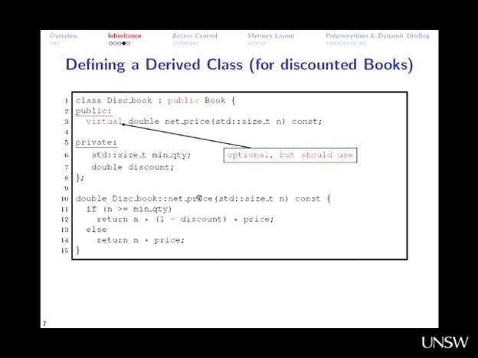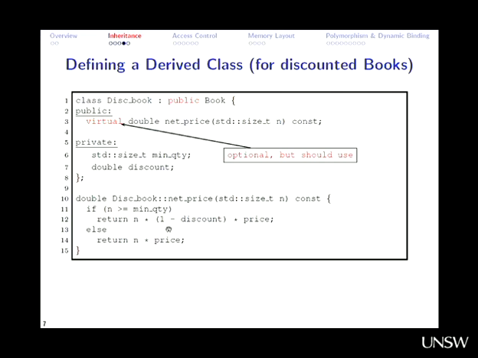And so when we call this net price function, our previous net price function, which is up on the right-hand screen, just called n times price. Okay, just calculated what the price of something was.